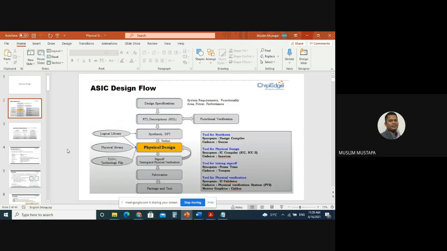Because in the end, if we fail this physical design part, maybe we can have a high performance product, a high performance SoC, but it's terrible in power consumption.